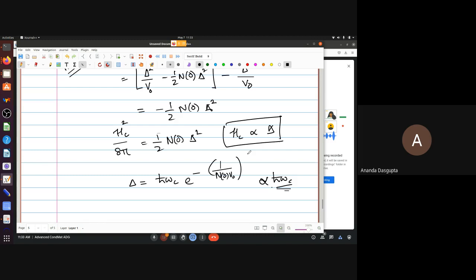However, what is important in superconductivity is that it's not a purely electronic phenomenon. Although we are trying to explain it by electron-electron attraction, that attraction actually comes from the way in which the lattice responds to an electron's passage, right? And therefore this is the important point.